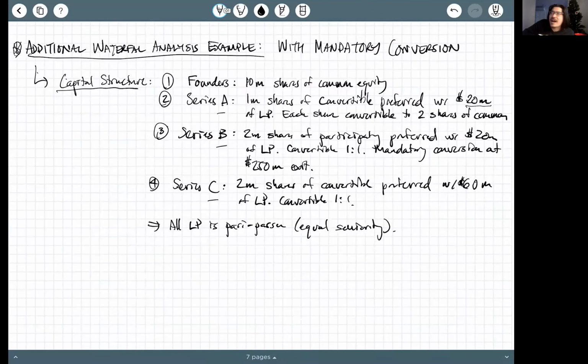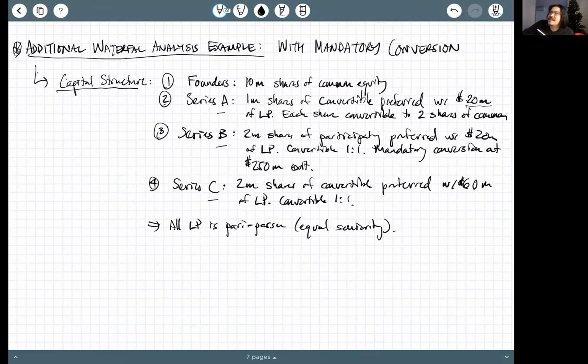But this investment round has mandatory conversion at a $250 million exit value. So what this means is if the startup gets sold either via acquisition or via an IPO at an amount greater than or equal to 250 million, Series B automatically converts to common equity. So it loses its liquidation preference.